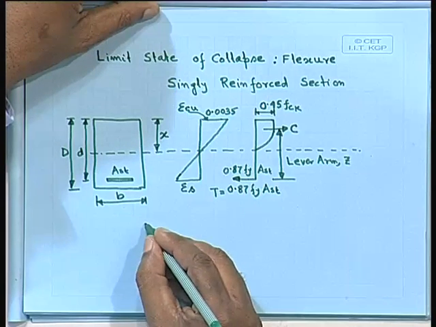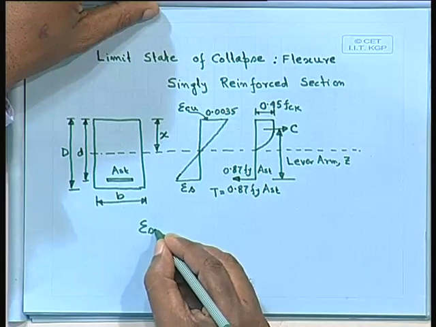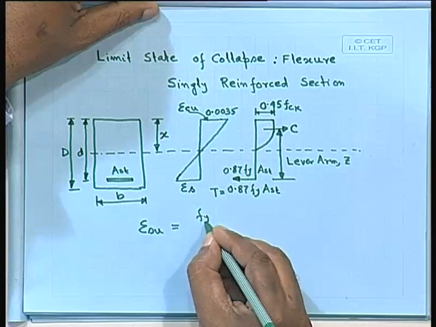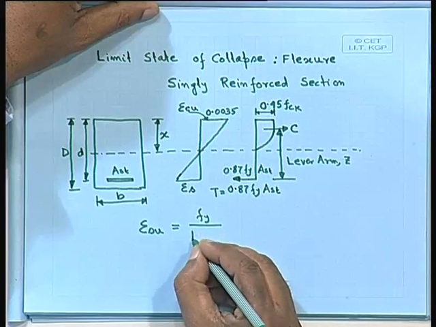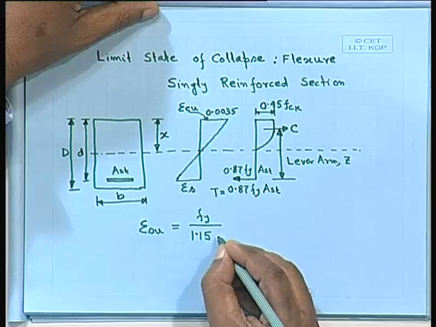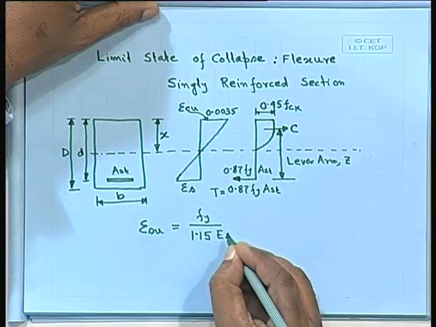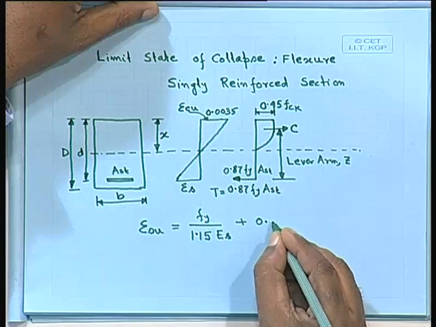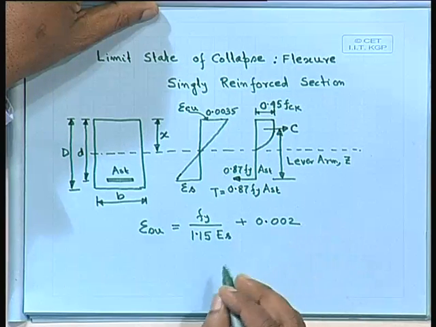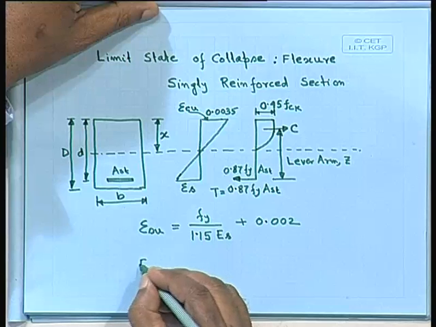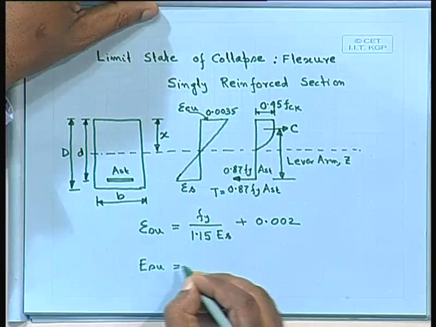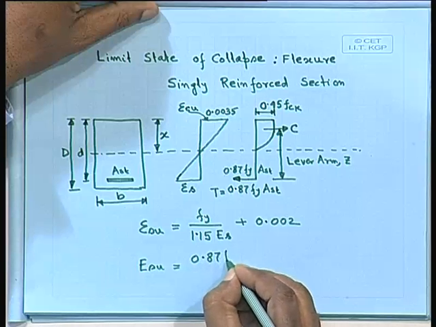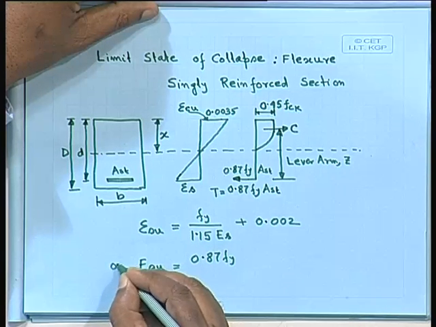Epsilon SU as per the code, to repeat, 0.87 fy, that is one of the assumptions also. Or we can write it in a familiar way, which is nothing but 0.87 fy.